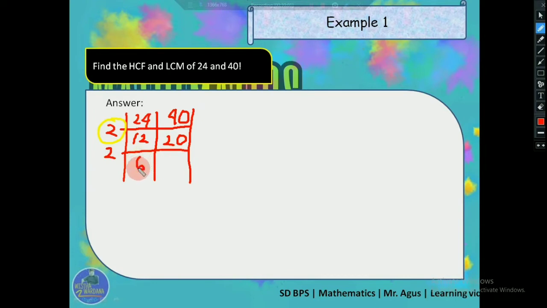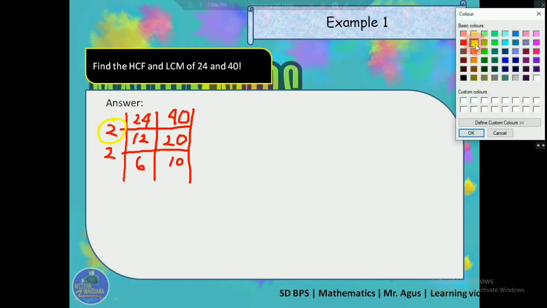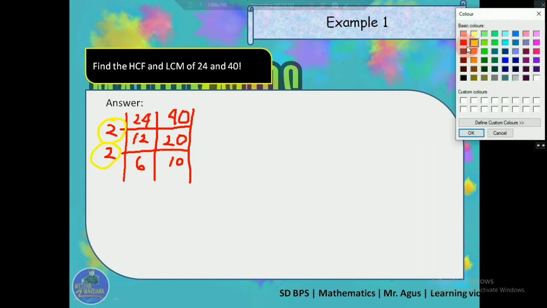So we have 6 and 10 now. Remember to use another color for this prime number. After that, you can choose another prime number that can divide both of them, and we have 2 again.